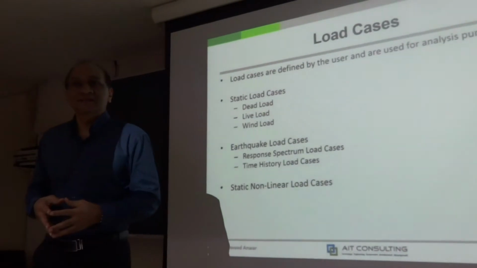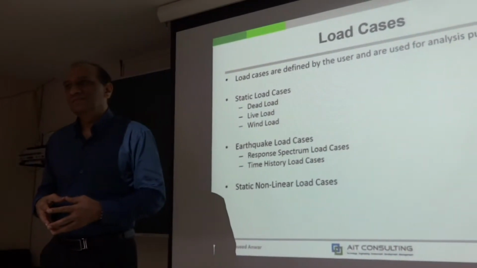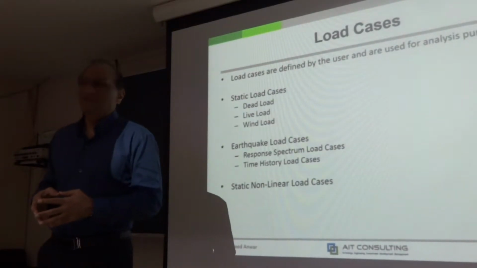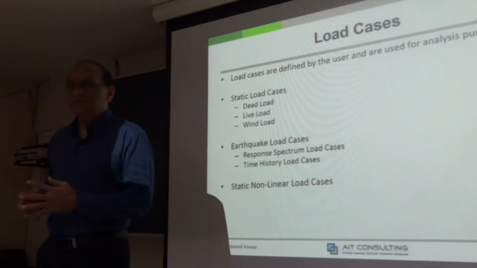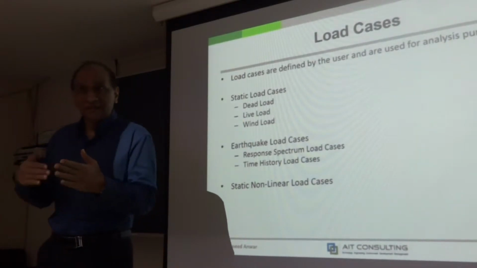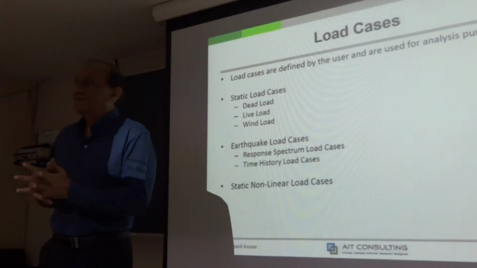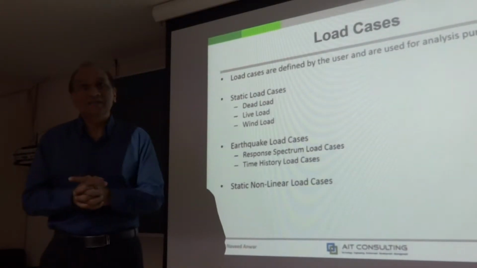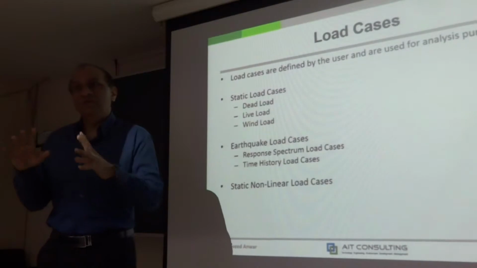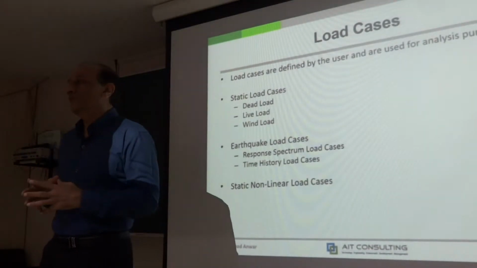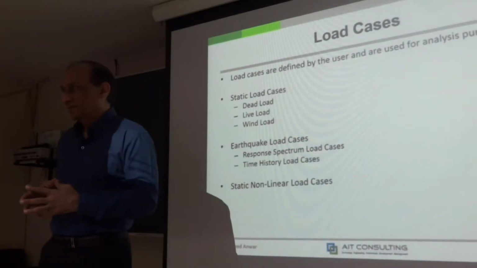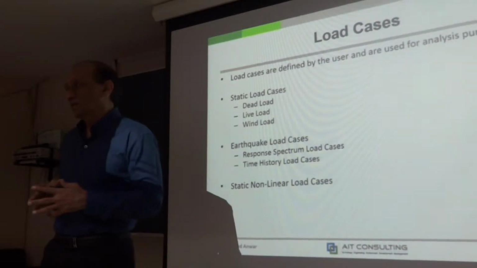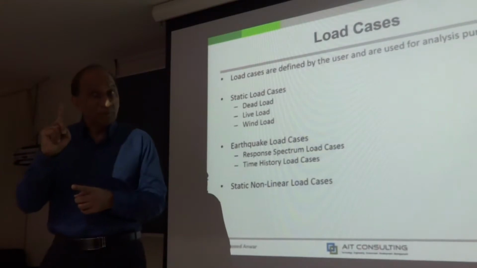How many wind directions are there? Infinity. Everywhere. Wind can come from any direction. So of course we don't consider infinity, we divide them into some directions and then do some logic. But in reality, we will never ever be able to cover all load cases that occur. So we try to find the one which will be important and critical. Right? So no matter what we do, we cannot consider all the possible load cases in a structure. This is just the problem of load cases.